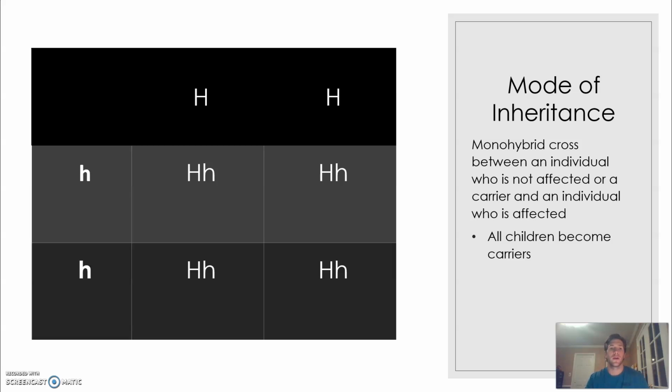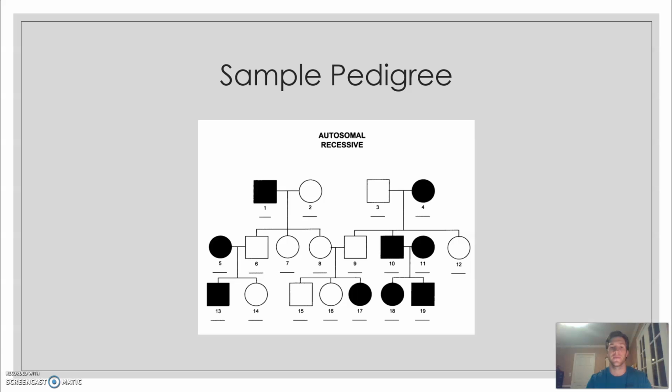Here we see a homozygous dominant individual, not affected and not a carrier, crossed in a monohybrid cross with a homozygous recessive individual that does have the disorder. In this cross, all of the offspring will be carriers and not affected.